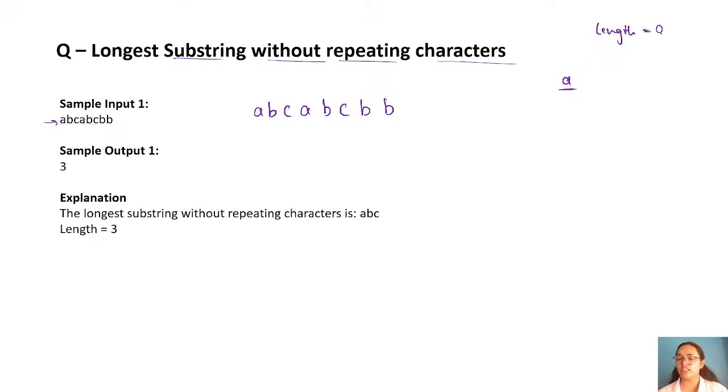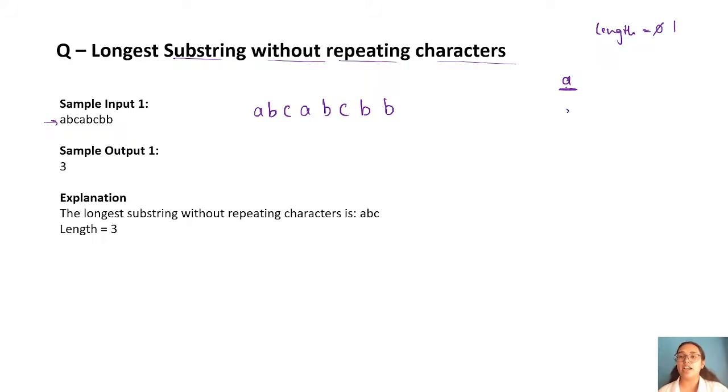I initialized it at 0 earlier. Now when I have one substring consisting of the first letter A, I see that it does not have any repeating characters. So it means I can increase my length to 1, because there is at least one substring of length 1 possible without repeating characters, right?